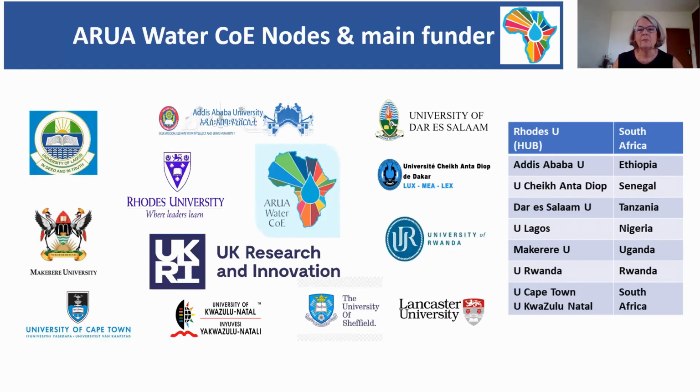And this is who we are. These are the universities that comprise the Centre of Excellence. I'm from Rhodes, as I said. Then we have Addis Ababa University in Ethiopia, the University of Sheikh Anta Diop in Senegal, Dar es Salaam University in Tanzania, the University of Lagos in Nigeria, Makerere University in Uganda, and the University of Rwanda in Rwanda. 2 other South African universities are the University of Cape Town and the University of KwaZulu-Natal.